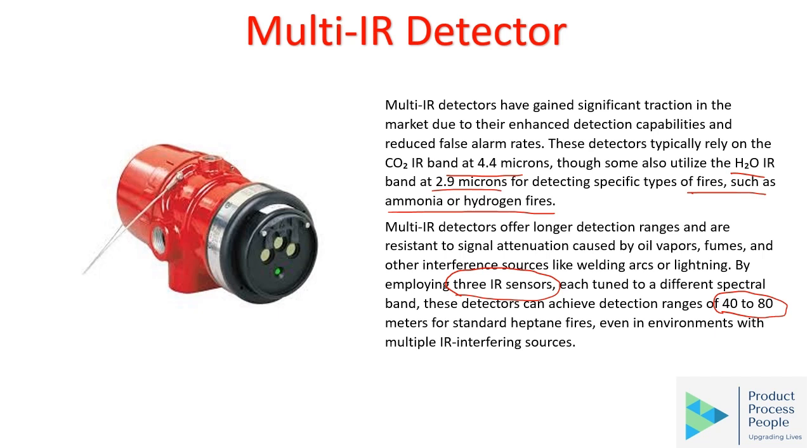So these detectors are sometimes specifically designed for hydrogen and sometimes specifically designed for hydrocarbon fire. So there are different models for hydrogen and hydrocarbon fire. That limits its versatility. One detector cannot be used for both hydrogen and hydrocarbon fires. So there are some limitations with respect to the multi-IR detector also.